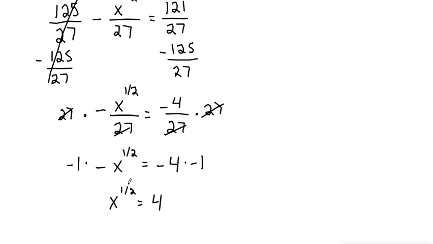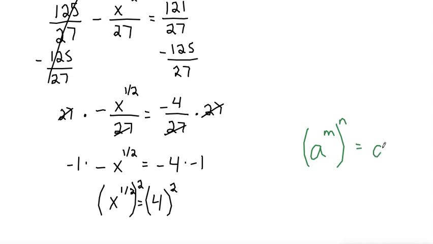And the last thing is we want to get rid of this 1/2 exponent. We can do that by raising both sides to the power of 2. And the power rule that shows that is if we have a to the power of m also to the power of n, that's equal to a to the power of m times n.